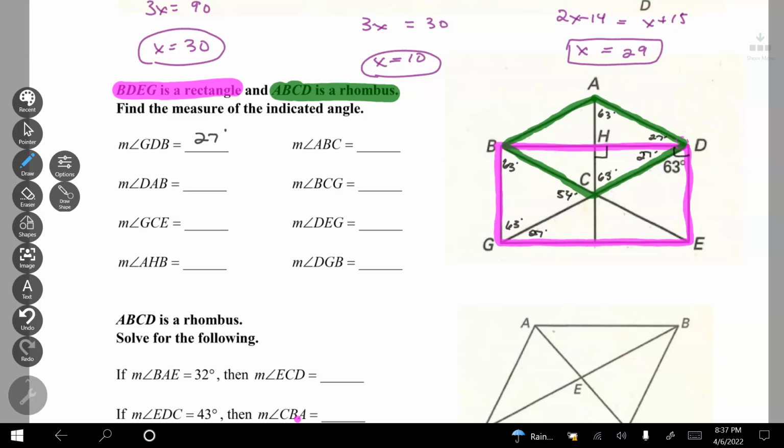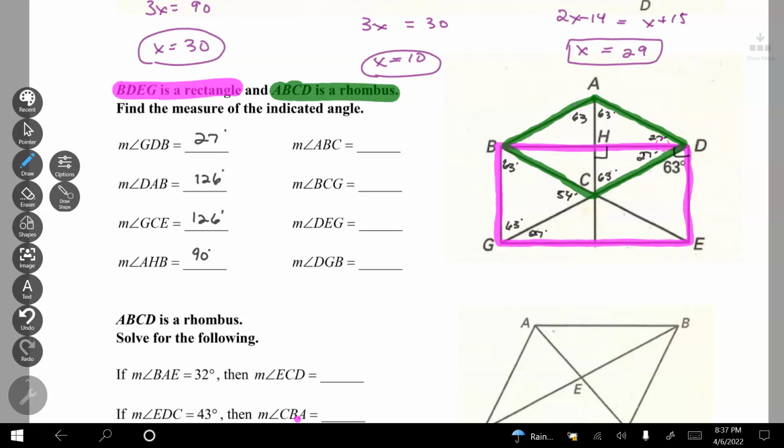Angle DAB, well, this is 63. The other side here is also 63, so that's 126 degrees. GCE, well, 63, 63, these are also 126 degrees. AHB, it's the bisect from 90-degree angle.